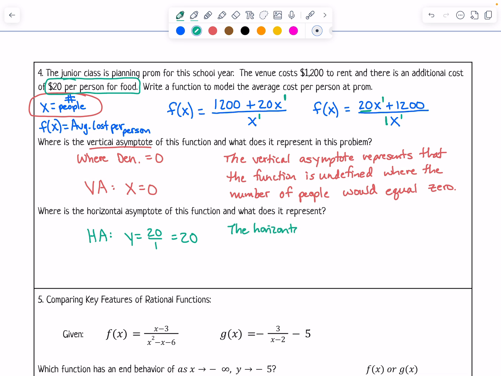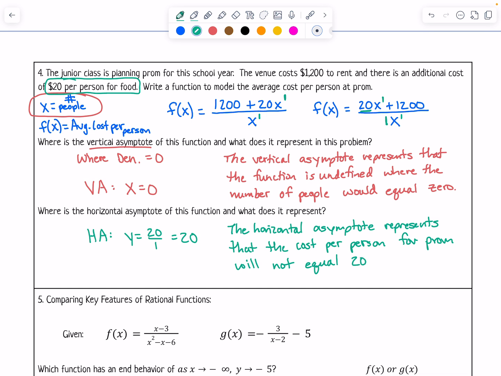The horizontal asymptote represents that the cost per person for prom will not equal 20, but it will get closer and closer as the number of people increases.